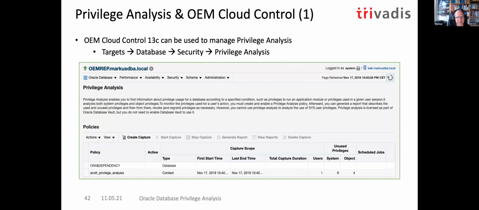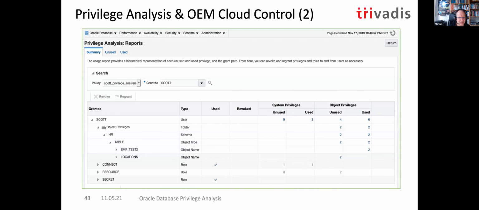Basically the same selects as I did before, just with a nice GUI. Either the available policies, or the report, which privileges were used. Here we have some direct grants, and below there are roles: CONNECT, RESOURCE, and SECRET.